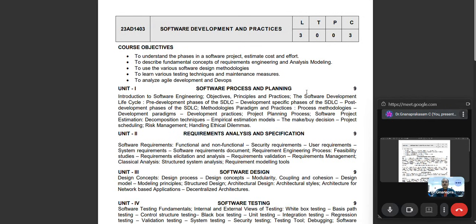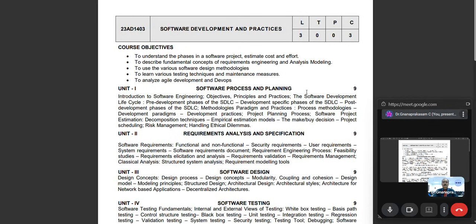Today we have a subject by the name of Software Development and Practices. This subject is for second year students, fourth semester.